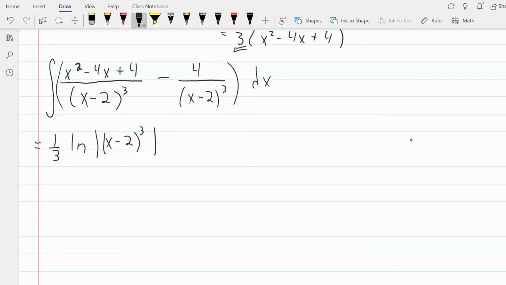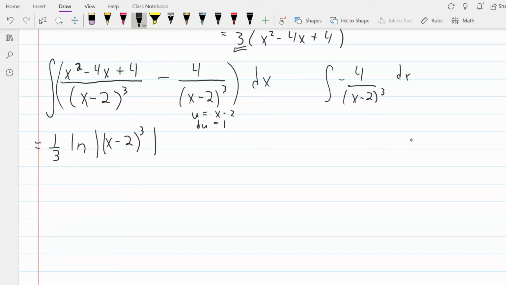Now my second integral, remember, the u is equal to x minus 2 and the du is equal to 1. So over to the side I'm going to do this integral. It has a minus in front of it as well. So it's the integral of negative 4 over x minus 2 cubed.